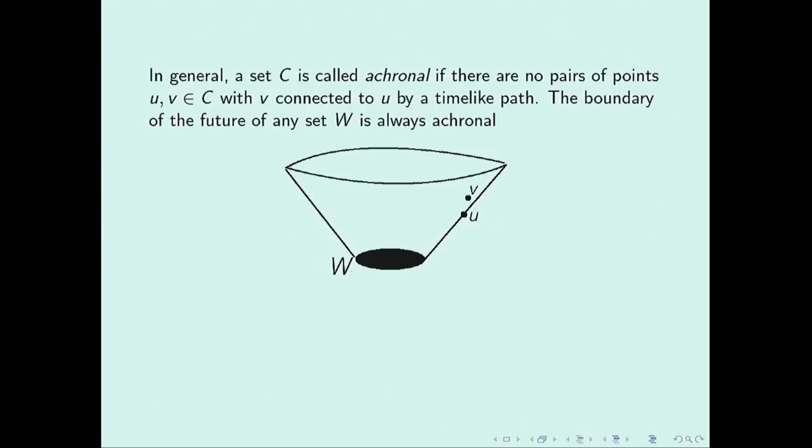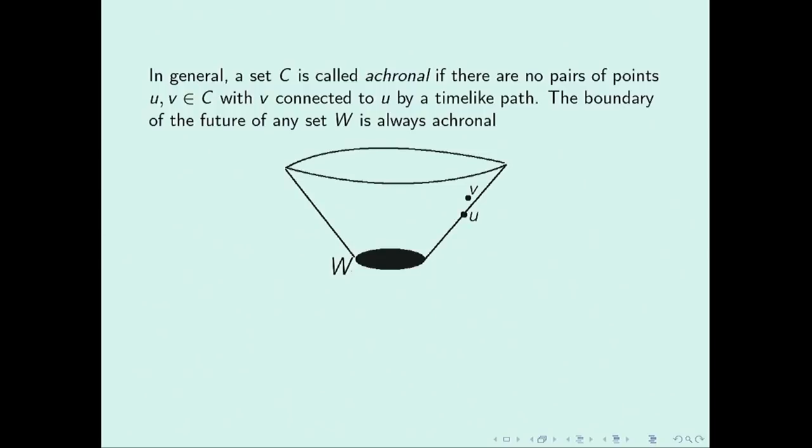Well, you see, let U be in the boundary, and suppose V is in the future of U. So this is a time-like path. Then we could reach V from W by a non-null path, namely the path to U followed by this time-like path. So since V can be reached by a path that isn't everywhere null, it's not in the boundary of the future of W. It's in the interior of the future.